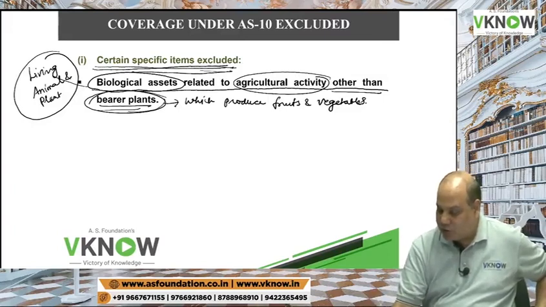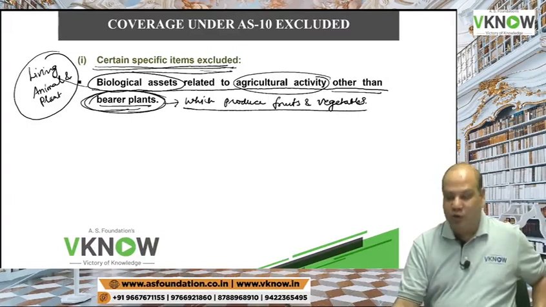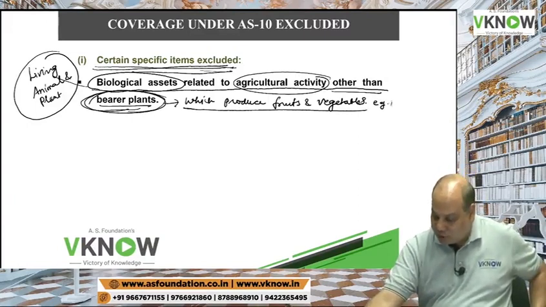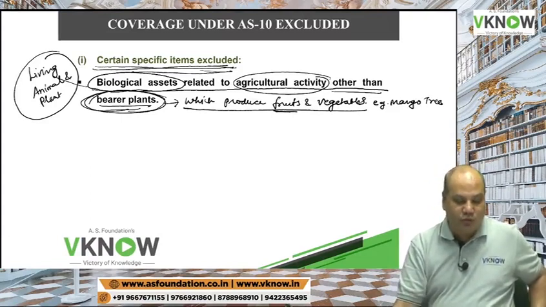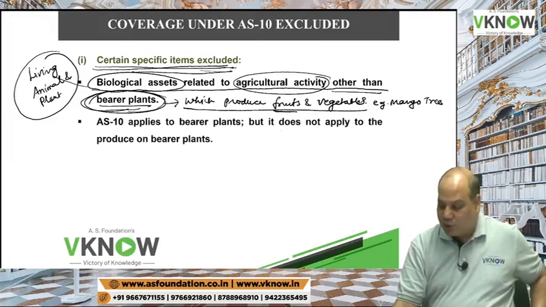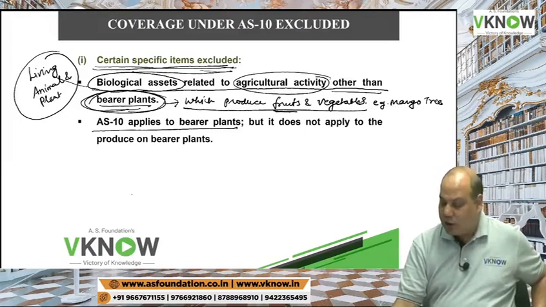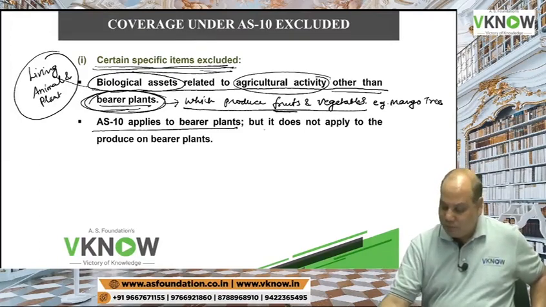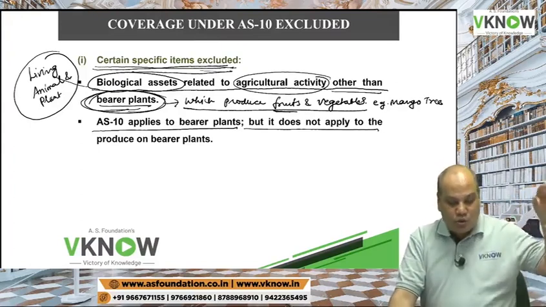That is, they are themselves not sold, but the fruits and vegetables grown on them are sold. For example, a mango tree: mango is grown and mango is sold, the mango tree is not sold. So they are called bearer plants. AS-10 is applicable to bearer plants like mango tree, guava tree, where the fruits and vegetables grown are sold.